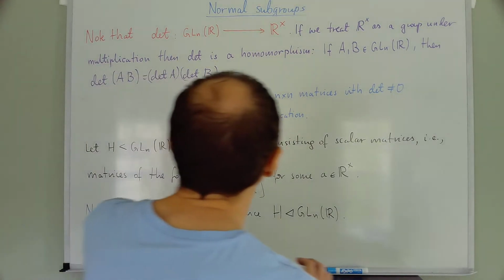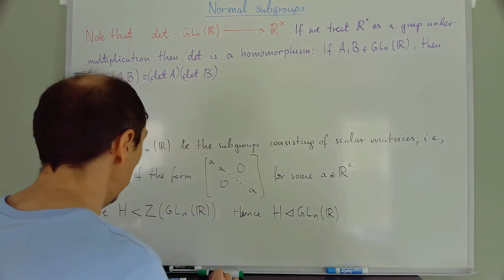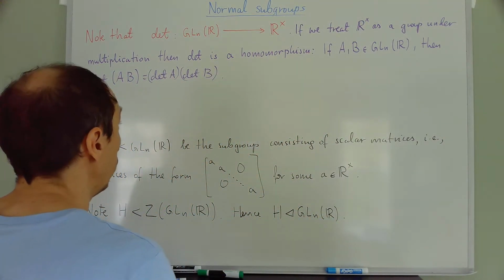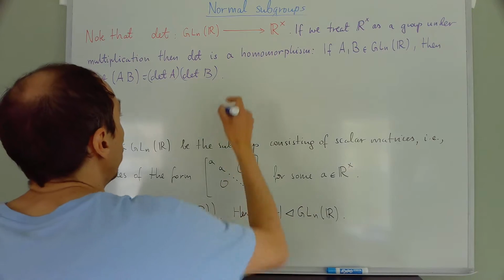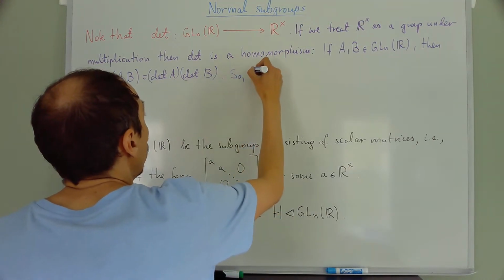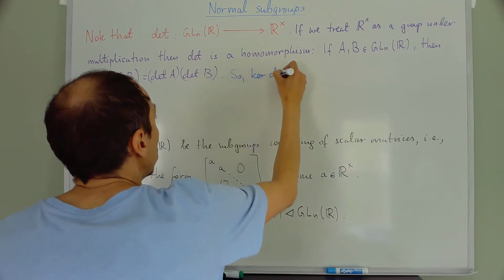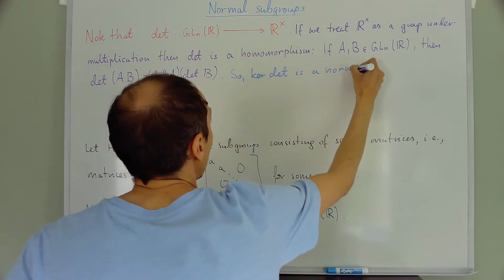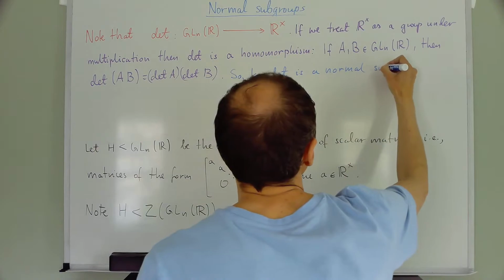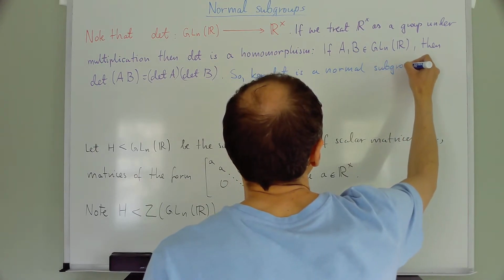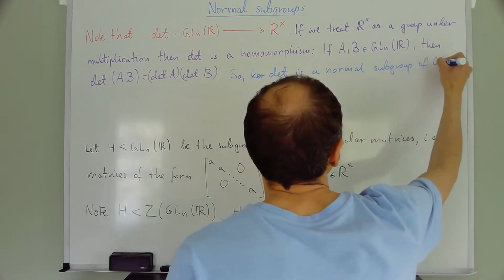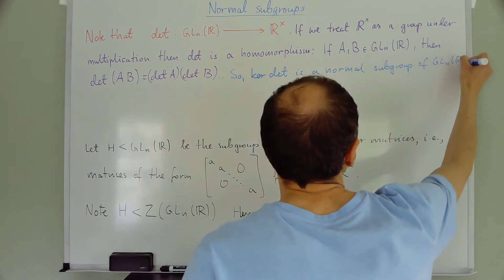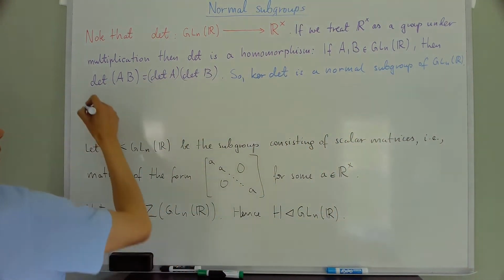Oh, but if we have a homomorphism, then we have a normal subgroup. So the kernel of the determinant is a normal subgroup of GL_n of R. In fact, it has a name.